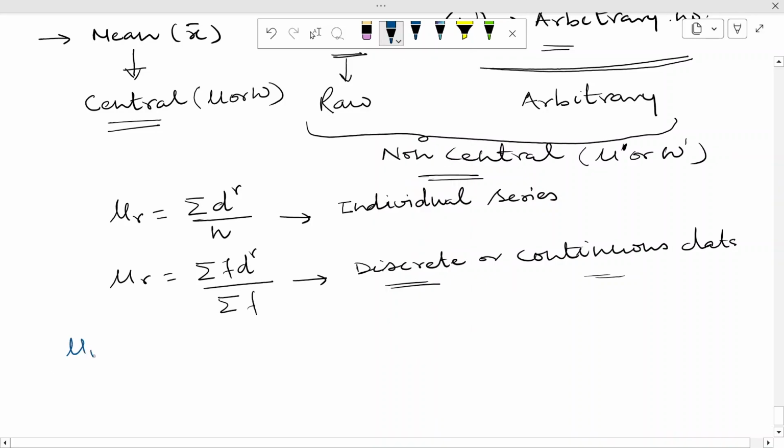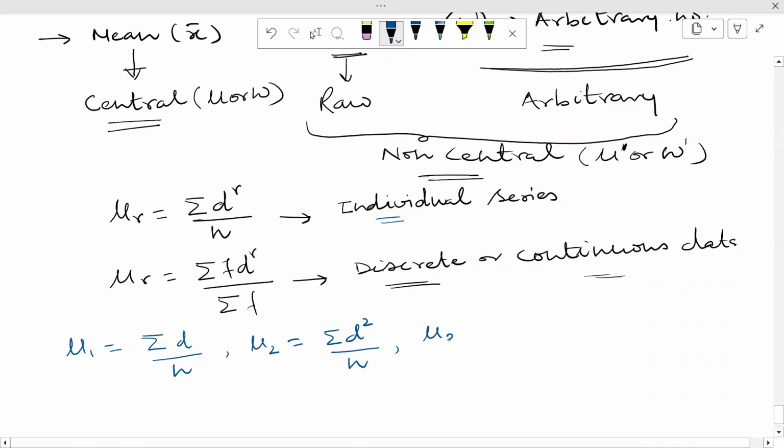So this will be mu1 equals summation d over n. This is the case when you are having an individual series. Similarly, you are having mu2 as summation d square over n, where this n represents the number of observations, right?